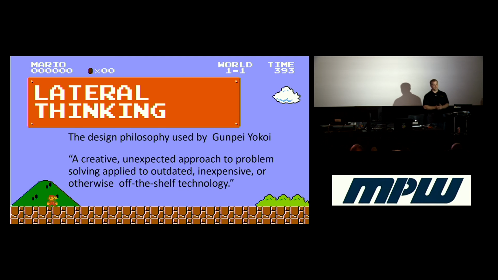He becomes the lead hardware engineer on the NES. But he followed this philosophy, which the rough translation into English is lateral thinking. But he says it's a creative, unexpected approach to problem solving applied to outdated, inexpensive, or otherwise off-the-shelf technology.